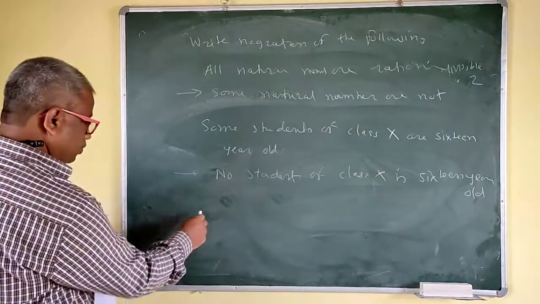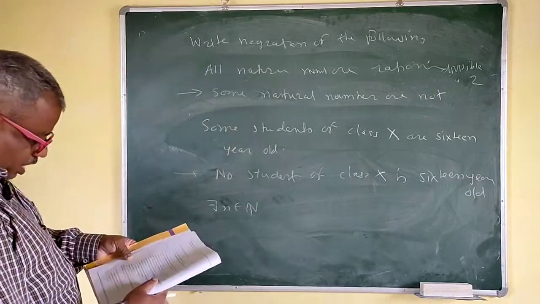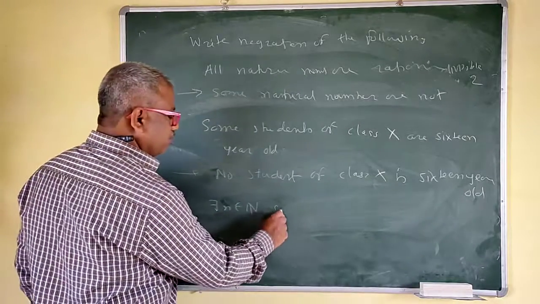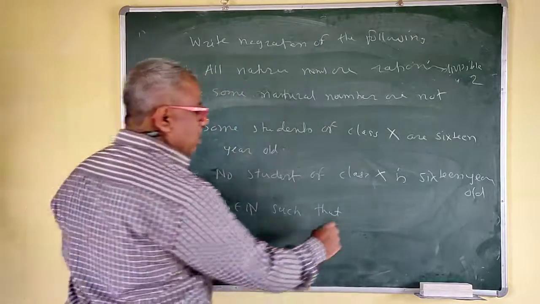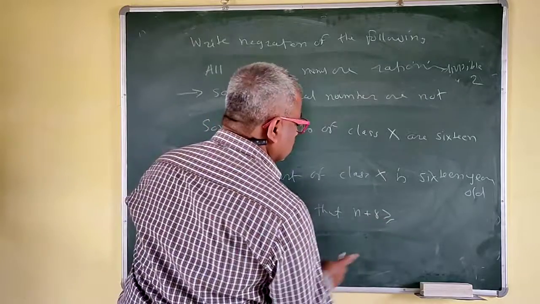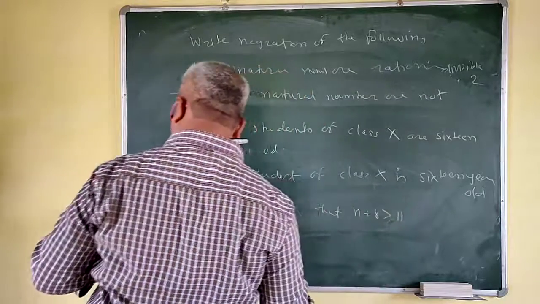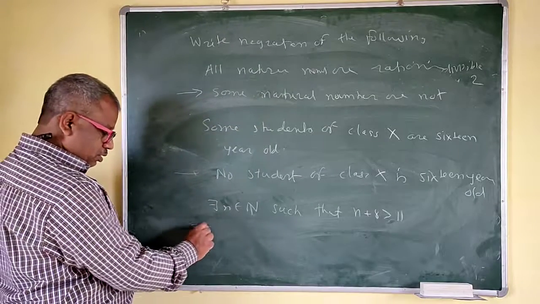Next, there exists x belongs to N such that x plus 8 is greater than 11. Now negation of this one.